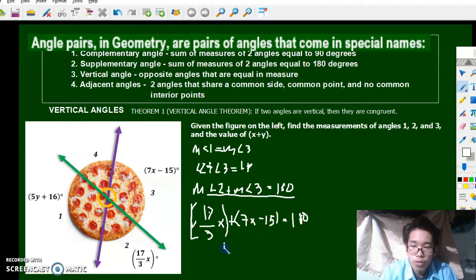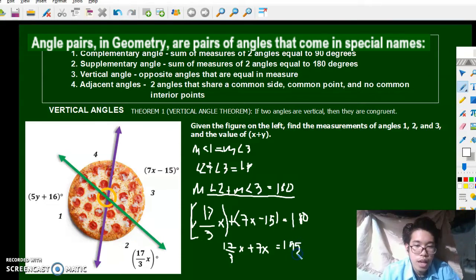So 17 over 3x plus 7x. We simply have to transfer the 15, the constant, to the other side. So it's going to be 180 plus 15, which is 195.